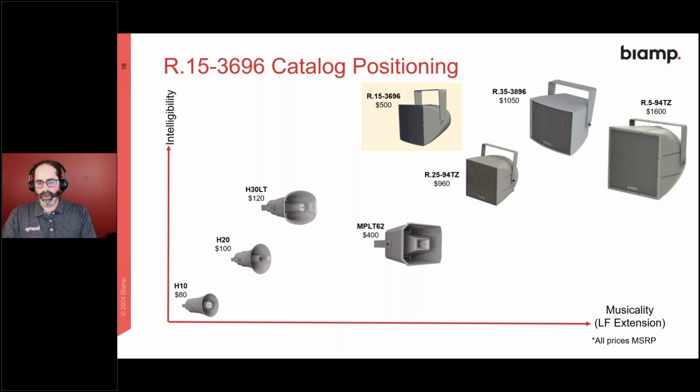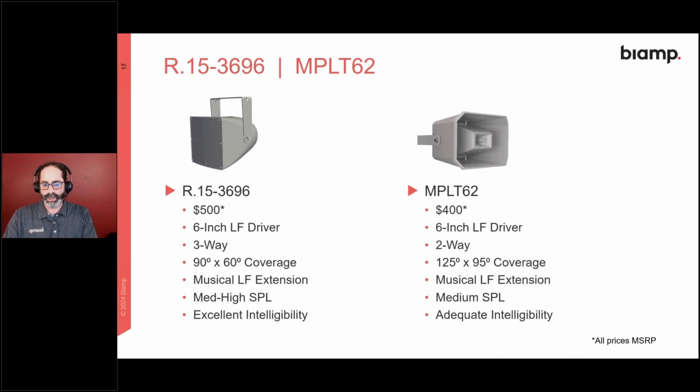I've got a few slides here that go into more detail that I'm just going to touch on, and then I'm going to leave them in so you can read them in the handout that's going to be mailed to you. So comparatively, the R.15 versus the MPL62, the big takeaway there, because they're about the same size, you have a three-way model for only $100 more, talking about list price, to a two-way model. So you pick up some bass extension, and you get a flatter response with the three-way coaxial design, or triaxial design, really.